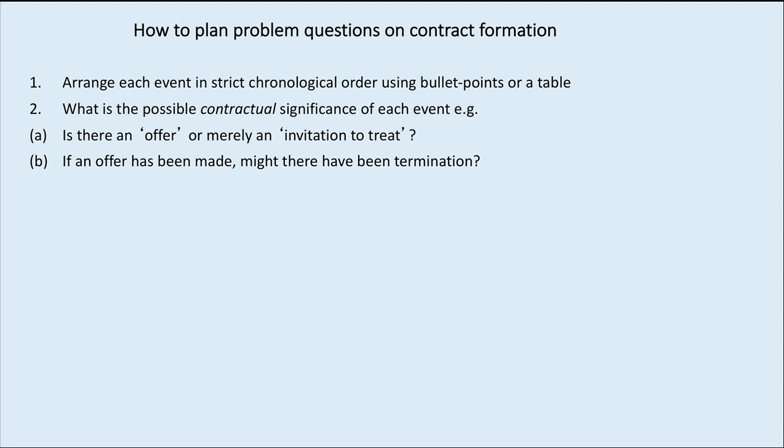There may be a counter-offer, where the offeree tries to introduce new terms or vary the terms of the offer. An offer may lapse through time. We also looked at the rules concerning the effect of the death of one of the parties before the acceptance takes place, and the occurrence of terminating conditions.